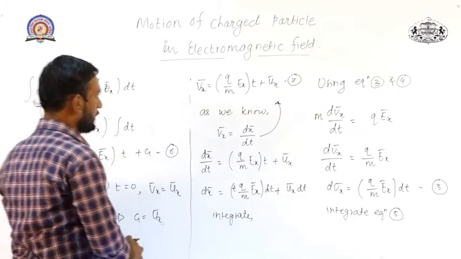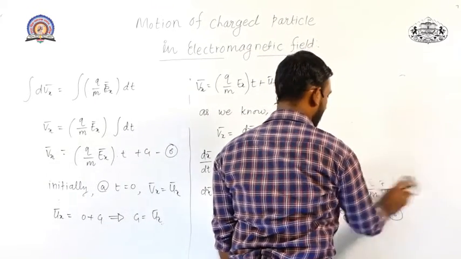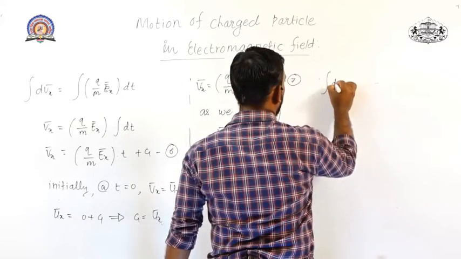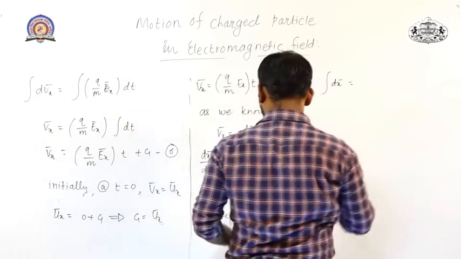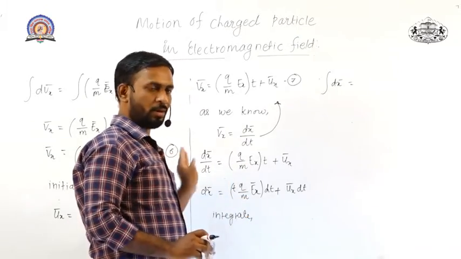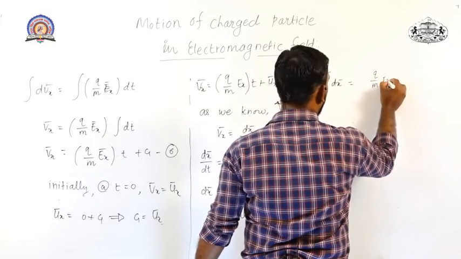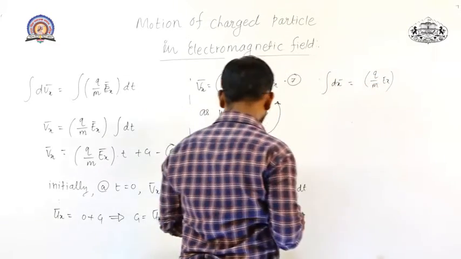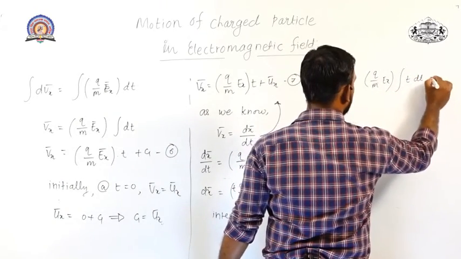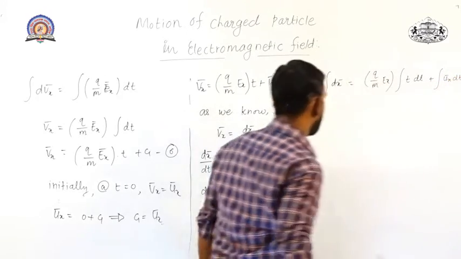After taking integration, dx is equal to, again q, m and Ex are time independent quantities, so keep them outside the integration. So q upon m Ex, those are constants, I keep them outside, and integration of t dt plus integration of ux dt.